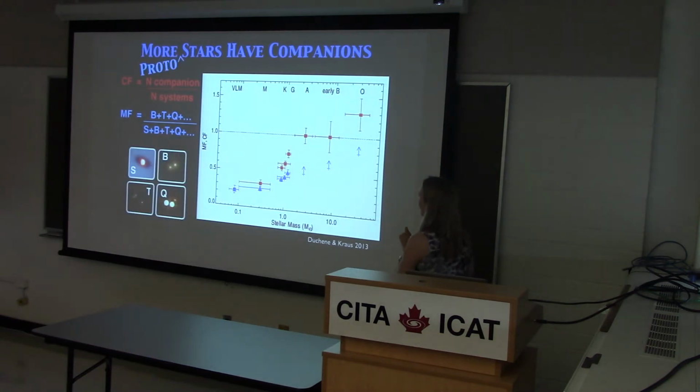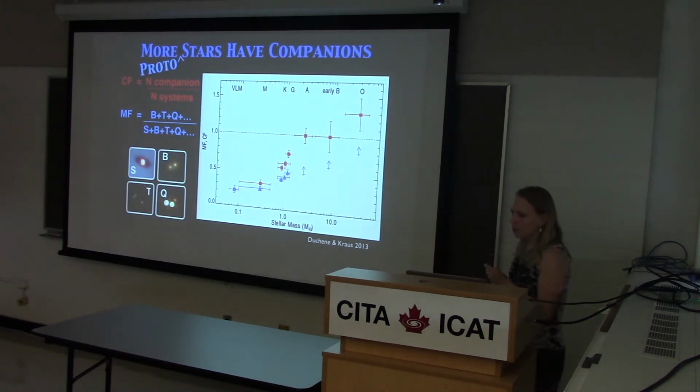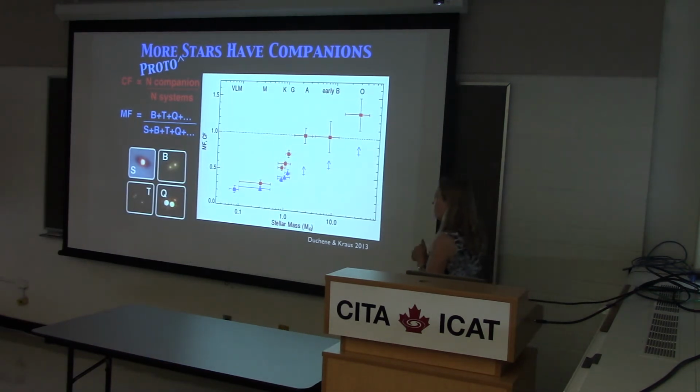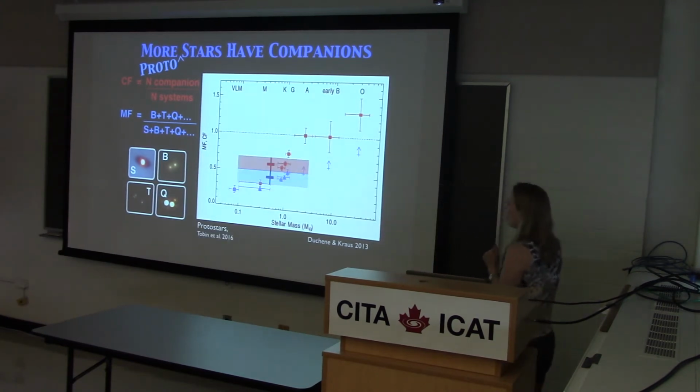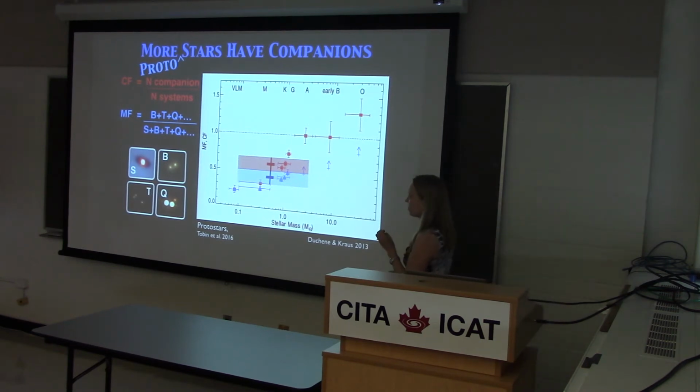Looking back into protostars, there is a recent very nice survey by John Tobin of protostars in Perseus. He did a complete census, down to about 10 AU resolution, and came up with these values for the multiplicity fraction and companion fraction.